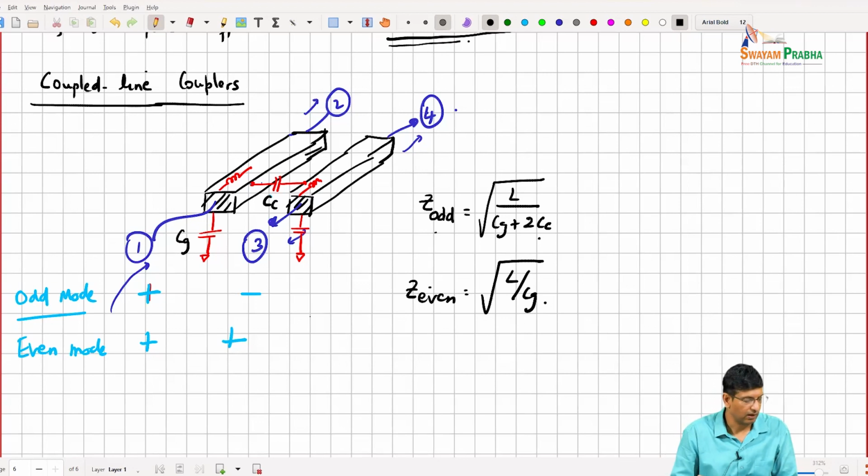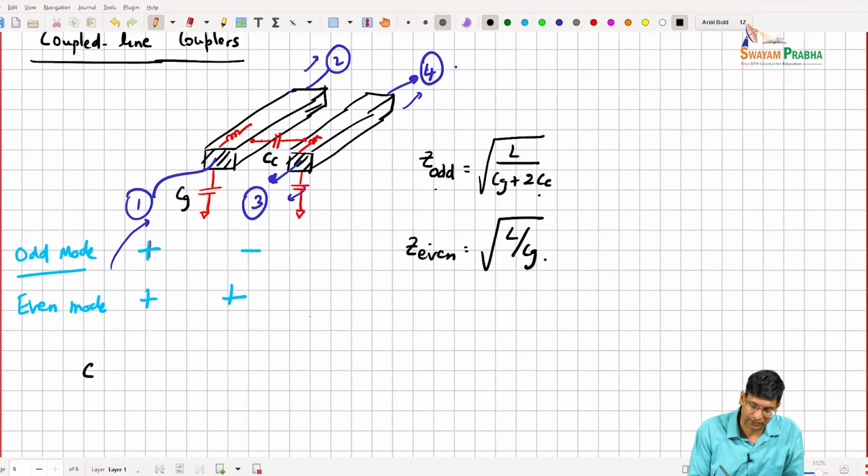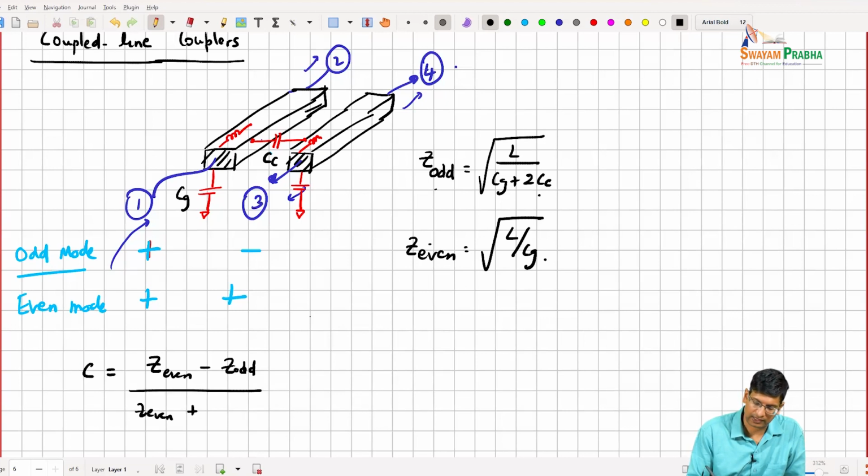So what we can define is a coupling ratio, which we call C, which is Z even minus Z odd divided by Z even plus Z odd, okay?